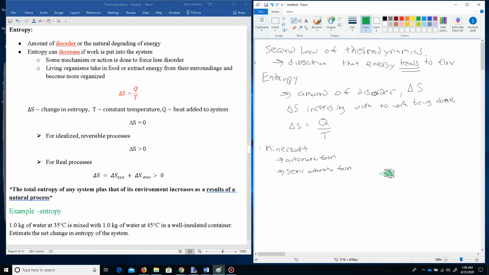And then you need water also, somewhere, usually you can put water right to the side of it. And then dirt beneath it. Okay.